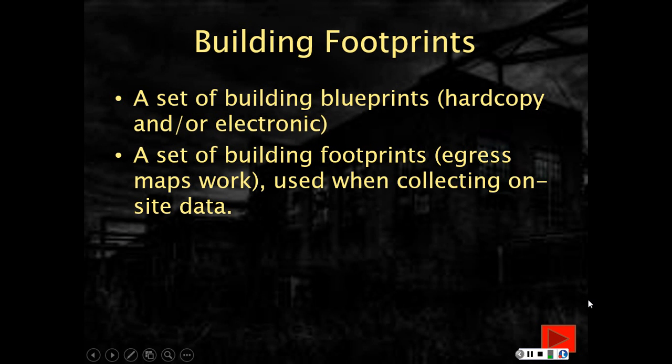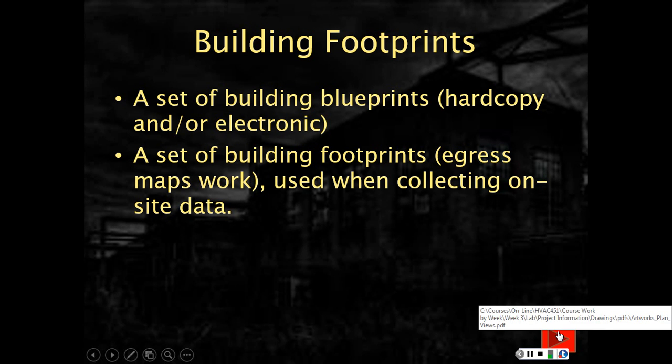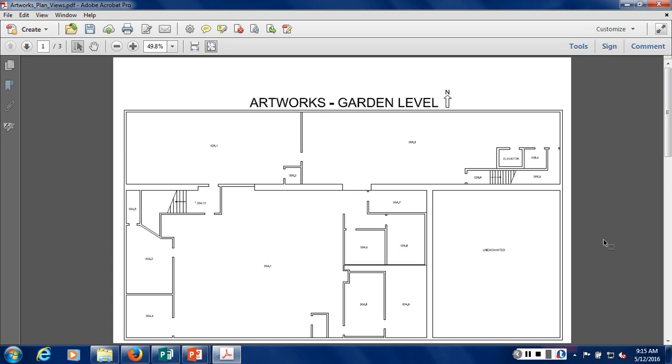What I want to take a second to do is look at some egress building footprints. This is an example of an egress building footprint. This happens to be Artworks here in Big Rapids, Michigan. This set of footprints is going to end up becoming very, very familiar to all of you this semester because this is going to be your semester project.